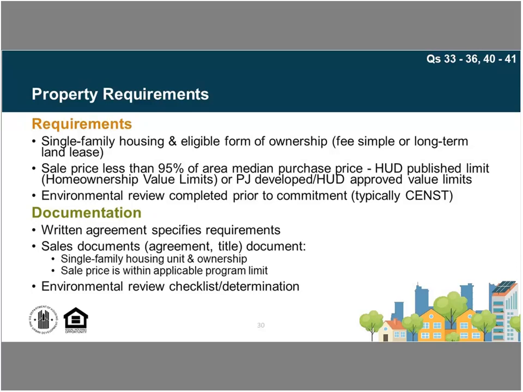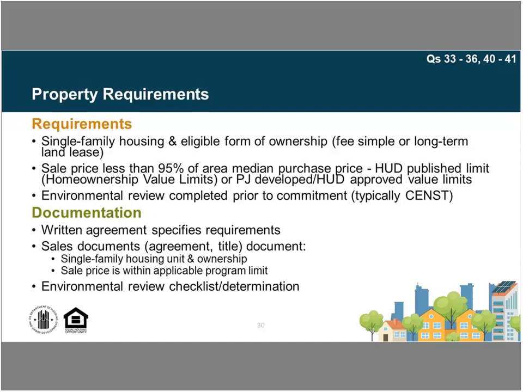In addition, then, of course, there's environmental review that needs to be completed before a commitment is made to the project and funds are disbursed. Environmental review and homebuyer financing is fairly easy to accomplish in most circumstances because it's in the CENST category. In other words, it's not categorically excluded from NEPA, and it also is not subject to the 58.5 authorities.